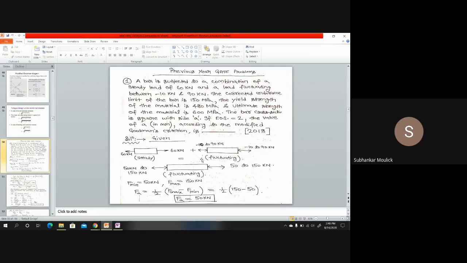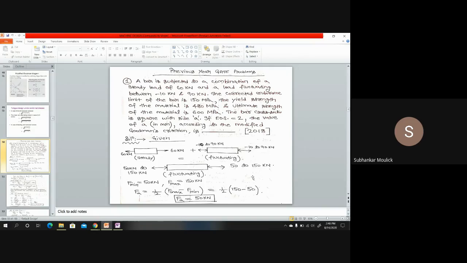The upper limit is 60 kilonewton plus 90 kilonewton, that is 150 kilonewton. So I have converted my entire problem into one common fluctuating load varying from 50 to 150 kilonewton. That means F minimum is 50 kilonewton and F maximum is 150 kilonewton.